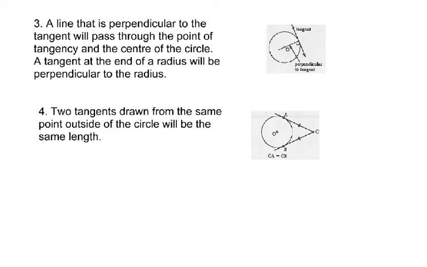Part 3 is talking about tangents, so is part 4. If you look at part 3, it says I've got a tangent that's sitting on the edge of a circle.